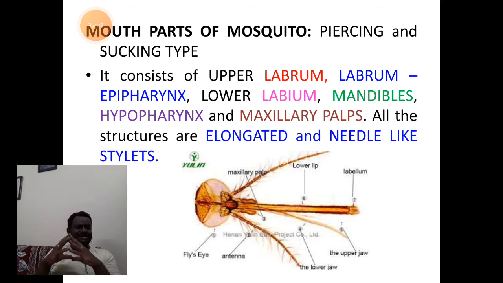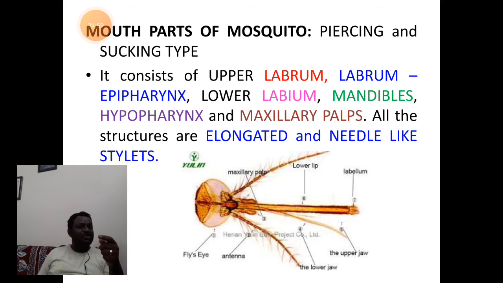All the 6 structures, as what you have seen in the cockroach, tend to be present here in the mosquito also, but the basic plan, when you look at it, is that they're all elongated needle-like. Whether it is labrum, epipharynx, labium, mandible, hypopharynx, maxillary palps, they're all elongated needle-like stylets.